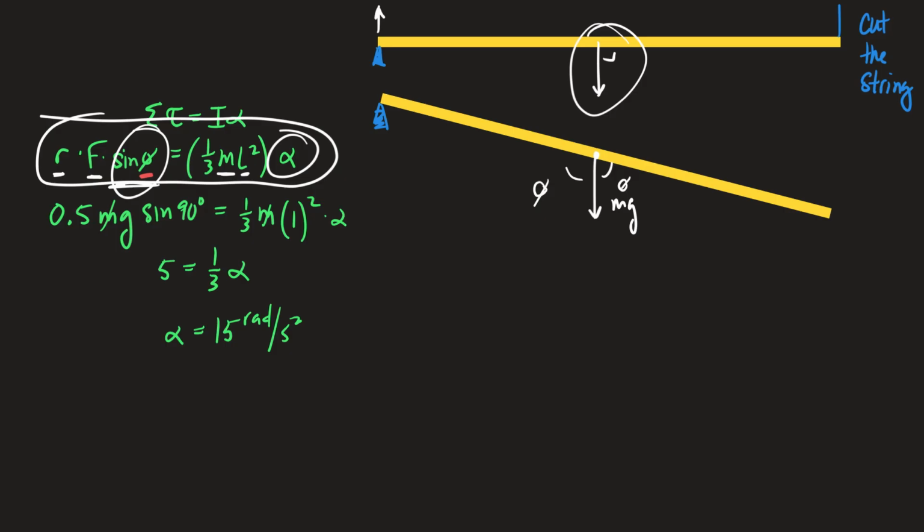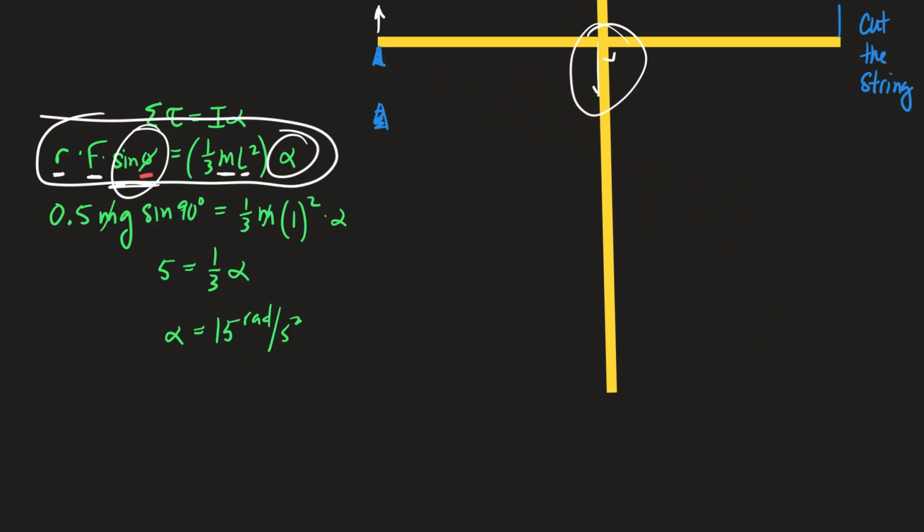And it asks another question. It says, how fast is the meter stick going when it passes through its lowest position? So if you're writing these down, I will say all that over again. What is the angular speed of the meter stick when it passes through its lowest position?